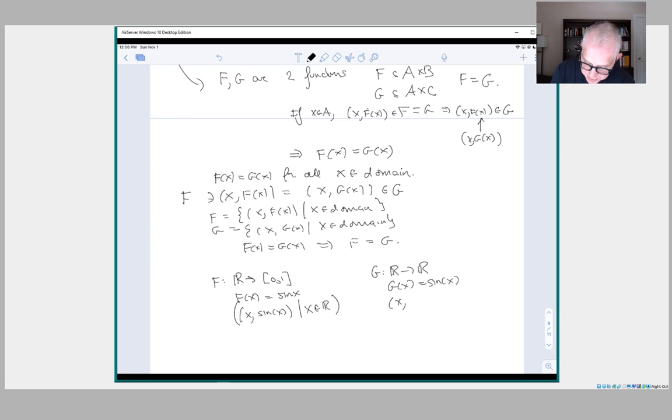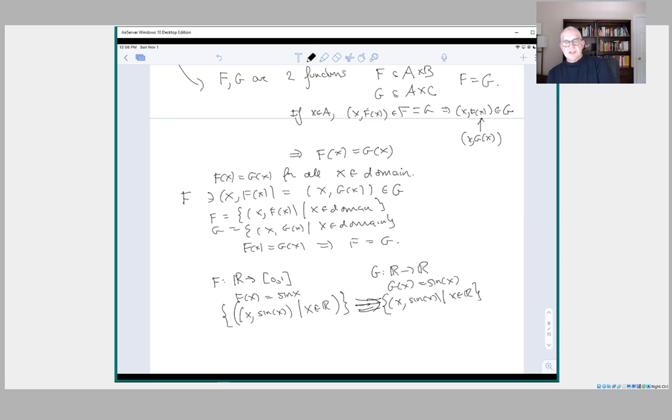Again, you get the pairs (x, sine of x) for x in R. And these sets are exactly the same set. And so the functions are the same, even though their codomains are different.